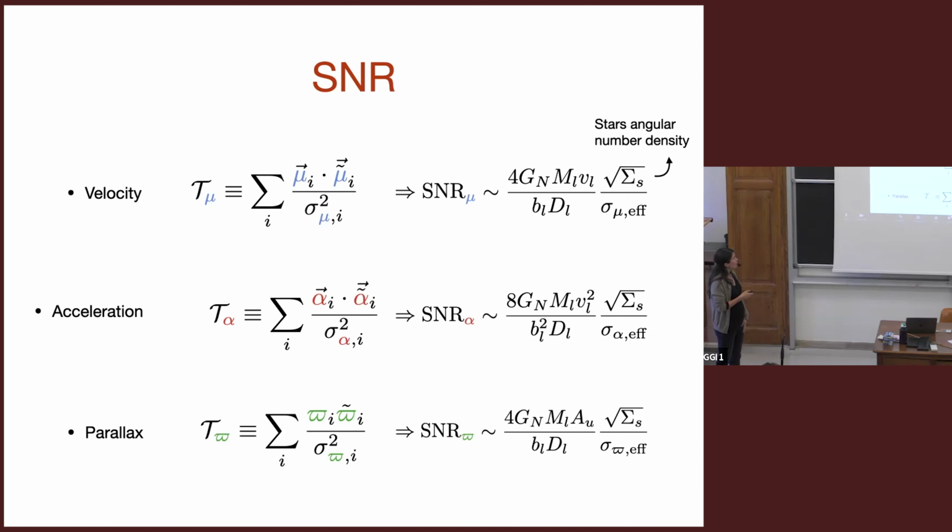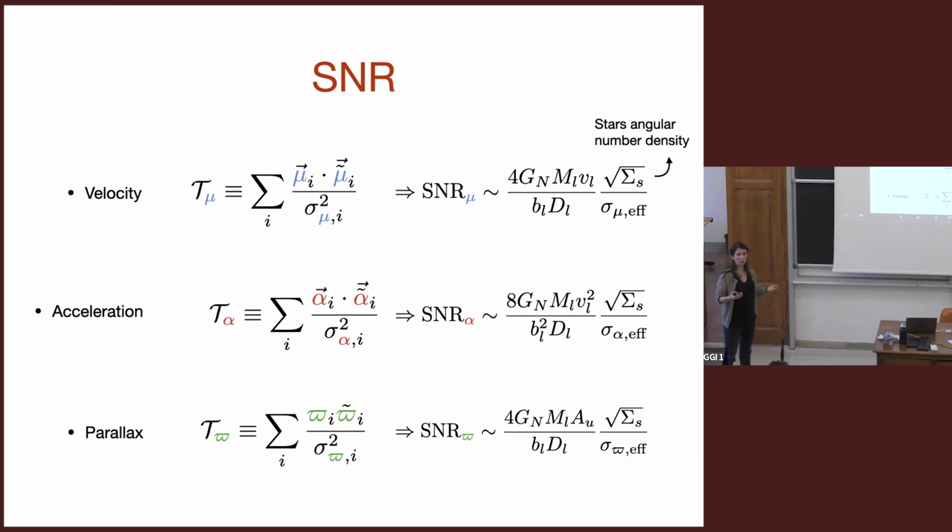And you see that we get some dependence on the stellar properties. In particular, it goes like the square root of the angular number density of background stars over the effective dispersion in the velocity of the stars. And then it depends on the lens parameters. This is for an individual lens.